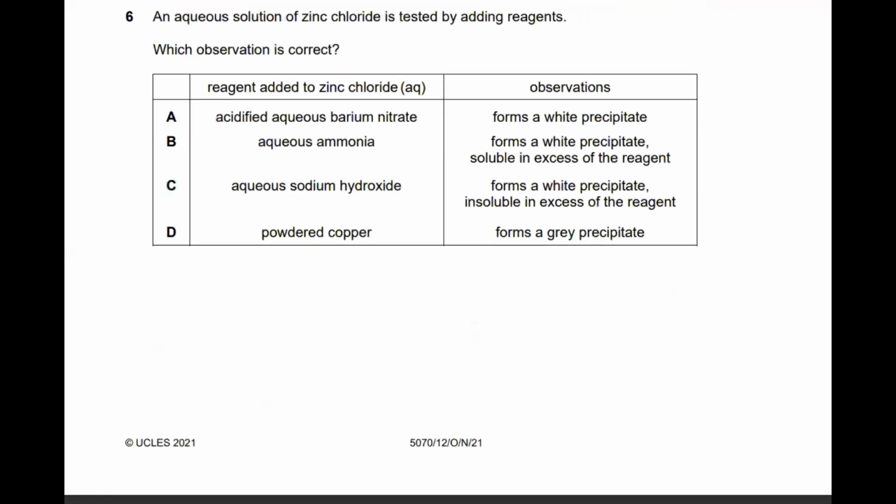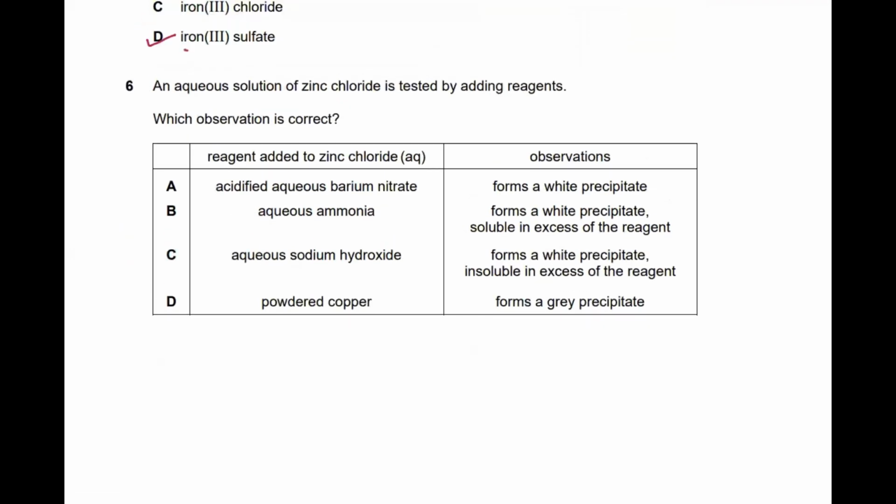Moving to the next question. Question number 6. An aqueous solution of zinc chloride is tested by adding reagents. Reagent means adding a chemical, right? So these are the reagents being added to zinc chloride, and in the other column you have the observations.